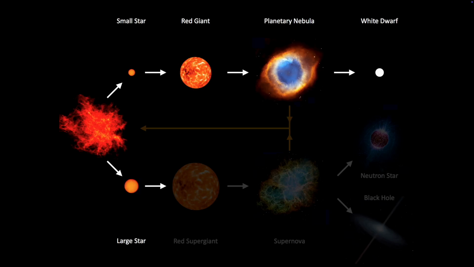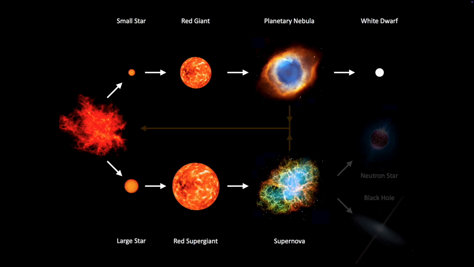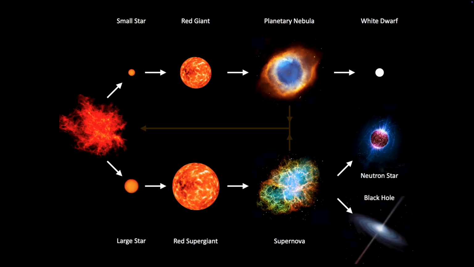Well, remember, it's going to come to the end of its life rather sooner because it's going to need a much faster burning of its fuel in order to compensate for the gravity. And if the star is massive enough, it might end its life in a supernova, and it will again redistribute a lot of the matter of the star back into the interstellar medium, and the core that's left could be either a neutron star, or if gravity is strong enough, could be a black hole.